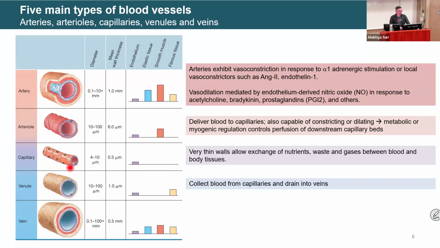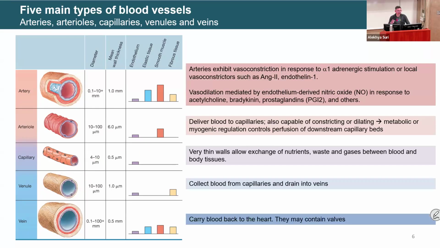Venules are primarily tasked with collecting blood from the capillaries, and then these venules basically merge together and form larger venules that then merge again and form ultimately the larger veins. And veins are basically tasked with carrying blood back to the heart because of a number of reasons that we don't really have time to talk about today.